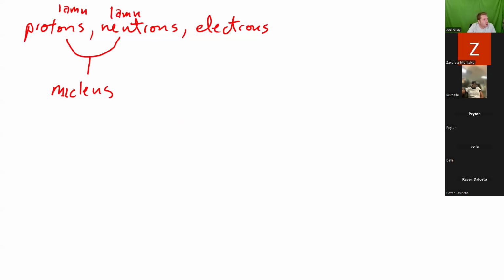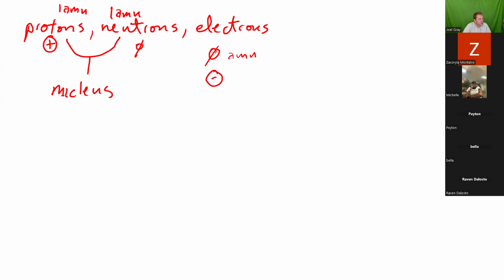Electrons have an atomic mass of effectively 0. It's very, very low, but it's basically 0 for all intents and purposes. Now, if we were to draw an atom, we also want to take into consideration the masses and the charges. A proton has a positive charge, a neutron has no charge, and an electron has a negative charge.